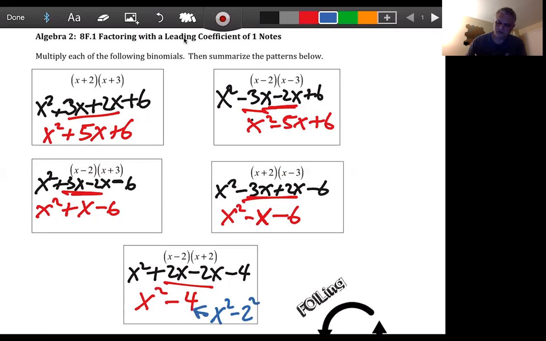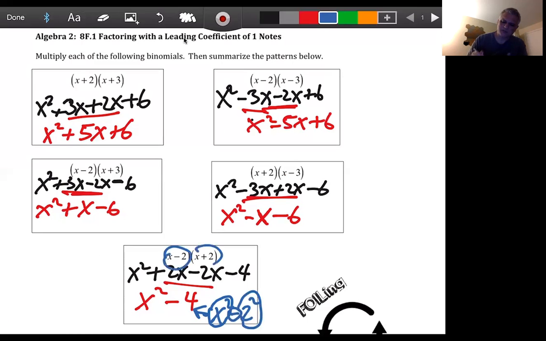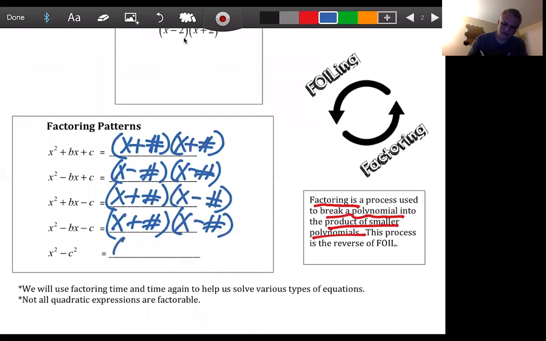So anytime you have a perfect square, like x squared, minus another perfect square, like 2 squared, like 4, then that was, by the way, x minus 2 times x plus 2. So that would be x plus c, x minus c. Pretty cool indeed.